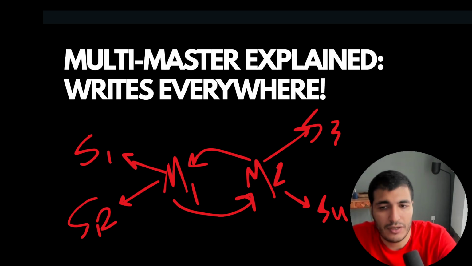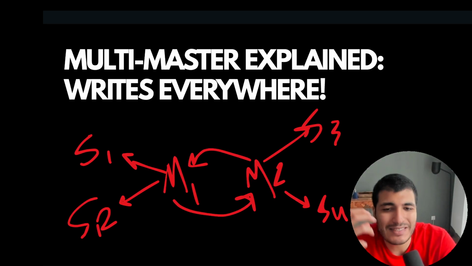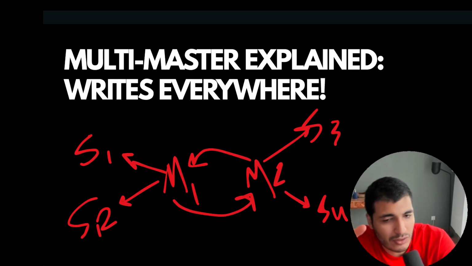This is in stark contrast to read replication, where only one database can handle writes and others are purely for reads. With multi-master, every participant in the cluster has the potential to handle both read and write operations, leading to a much more dynamic and resilient system.